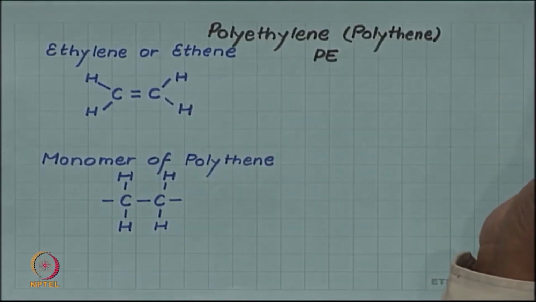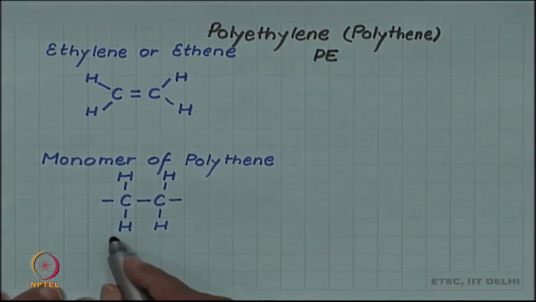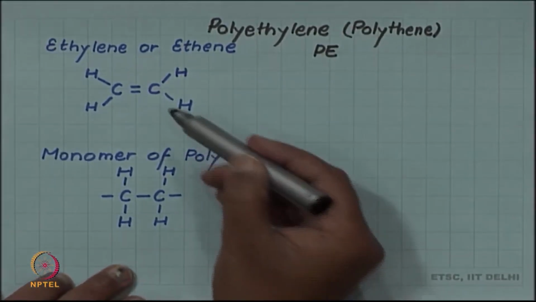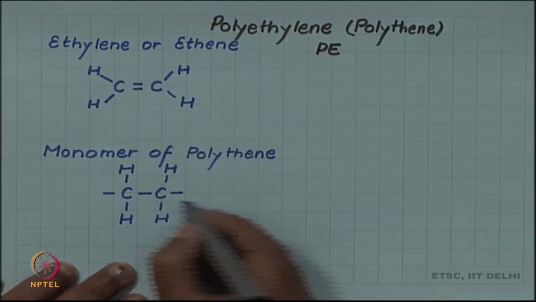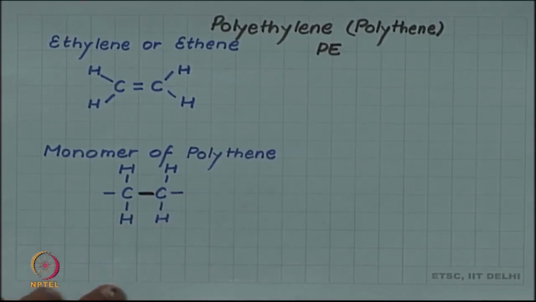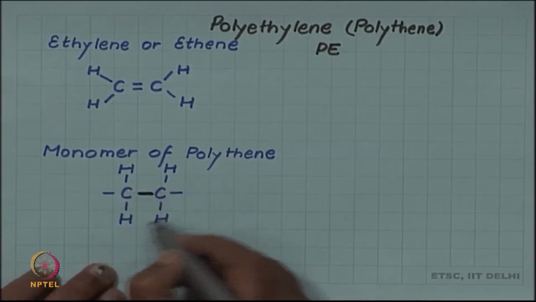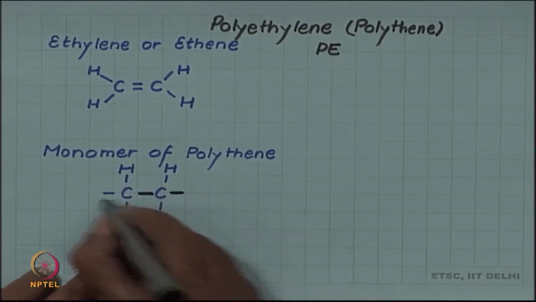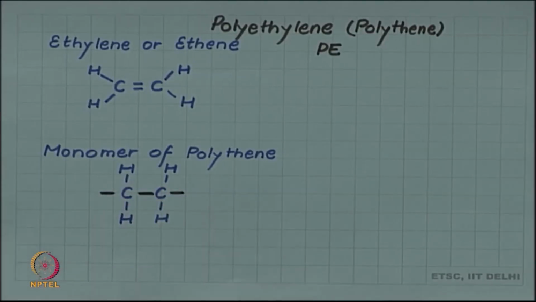But when this gas is polymerized, you get a monomer in which this double bond transforms now to a single bond, thus satisfying the 4 bonds of carbon. You now have 2 free bonds which can join with other monomer or other molecules of ethylene.